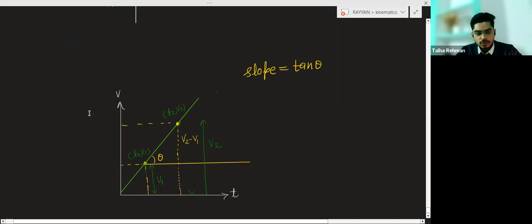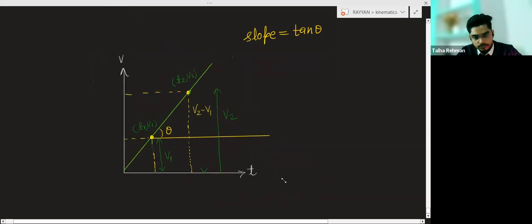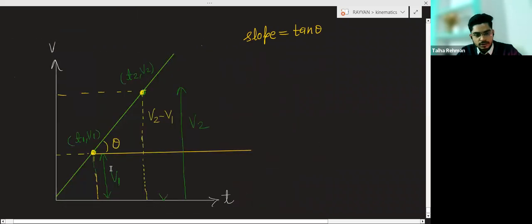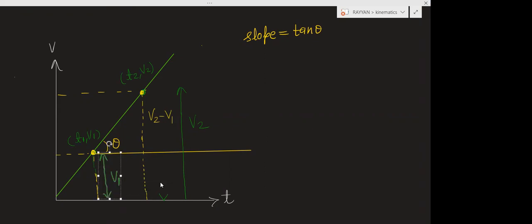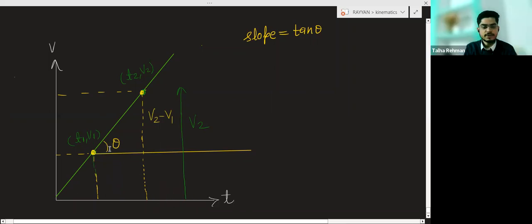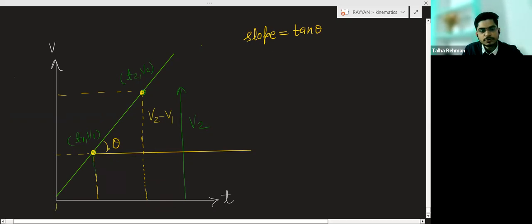Now we want to find this distance. This is v1, we know it, and I am removing it. Can you tell me this distance from here to here?